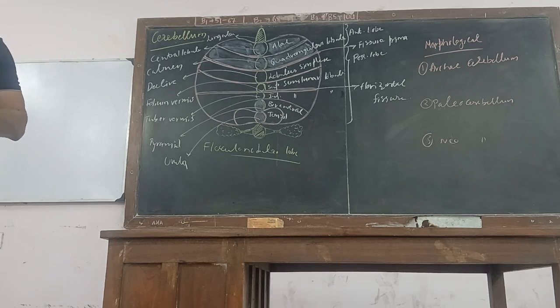Morphos means what actually? Form of a particular structure. Okay, phylogenetically you can say that. But basically the meaning of morphos is form of it.